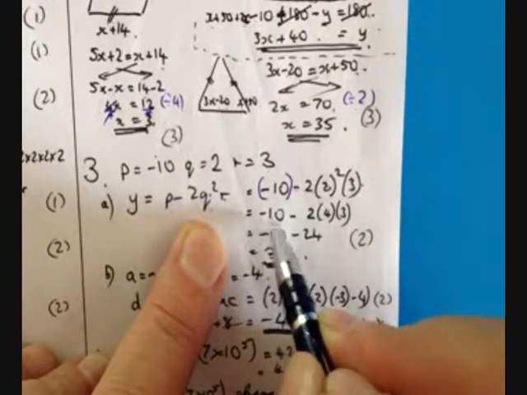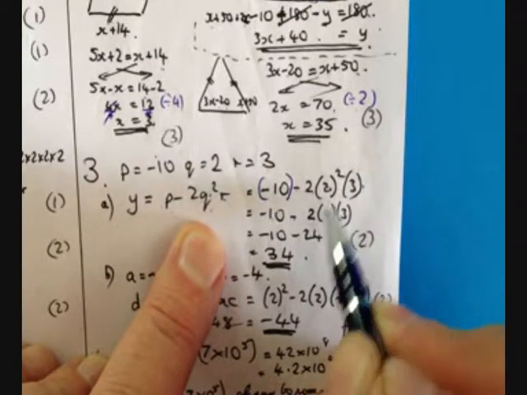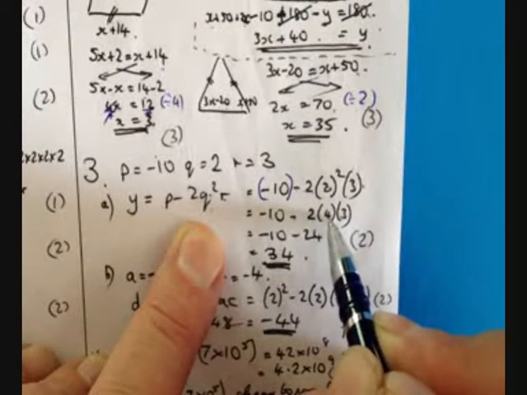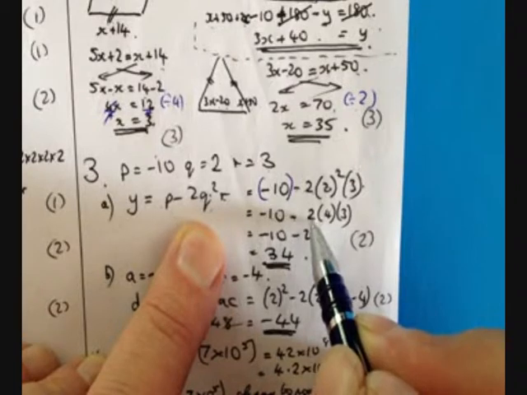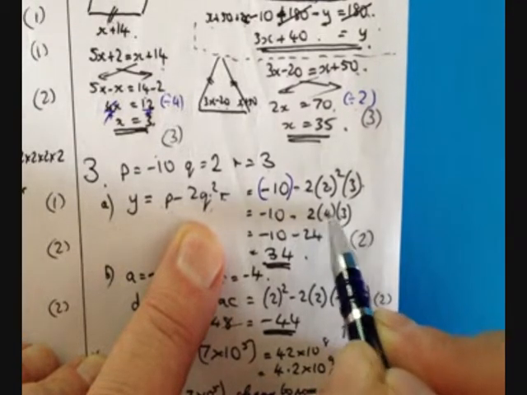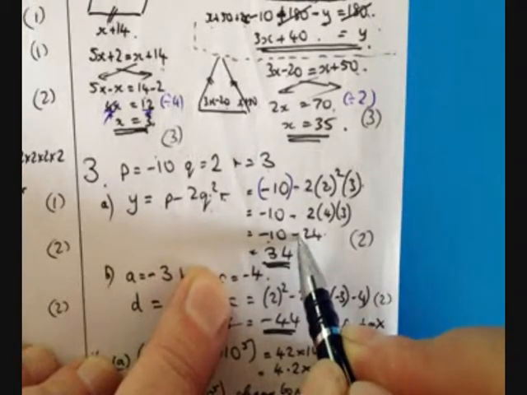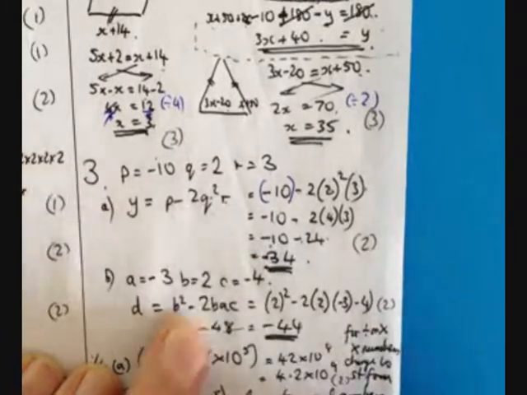Take the bracket away, minus 10, minus is all I've got there, and then 2 squared is 4, always do brackets first, and then what have I got? Still the minus 10. Now this lot together, 2 4s are 8, 8 3s are 24. Minus 10, minus 24, I owe 34.